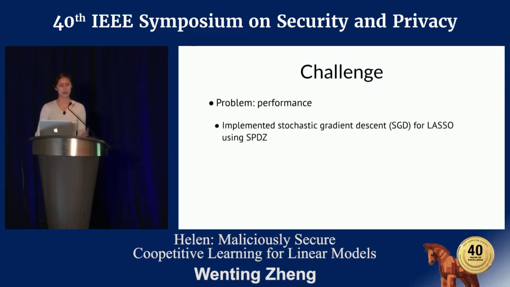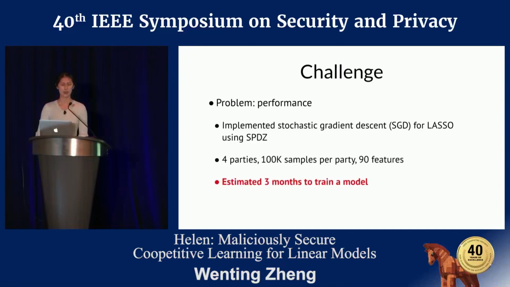We implemented stochastic gradient descent, or SGD, which is a commonly used training algorithm for LASSO, a simple regularized linear model, using SPDZ. In the setting of 4 parties, 100,000 samples per party, on a data set of 90 features, we estimated it would take 3 months to train this model. We couldn't actually run it, and it ran out of memory way before.